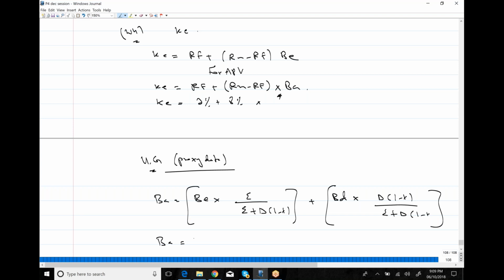So you will use the information of the proxy company, right? For the proxy company, they have already given you the beta equity. Just go and read the last paragraph, second last line. It says Lento company equity beta is estimated at 1.5. Okay, beta equity is 1.5.